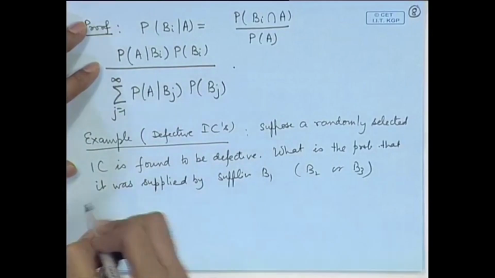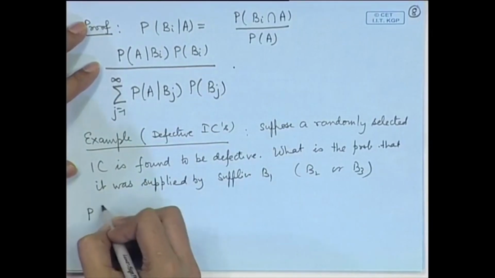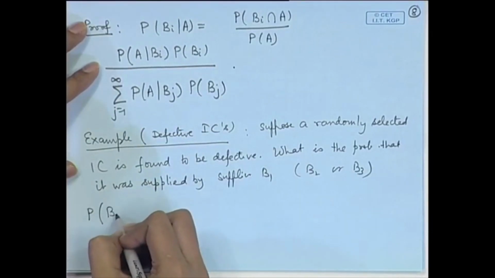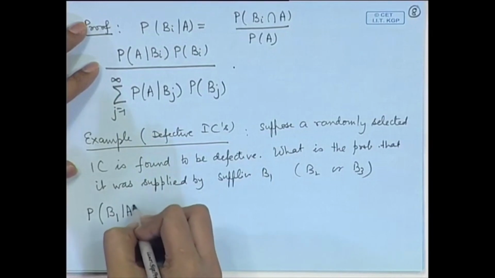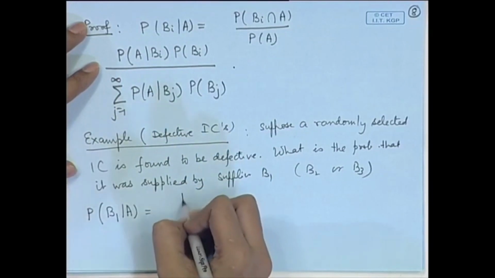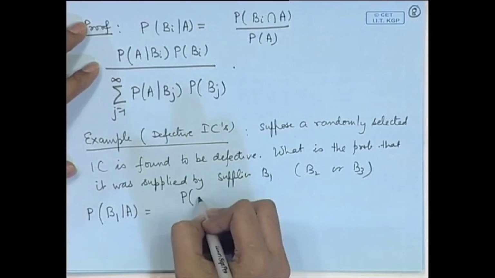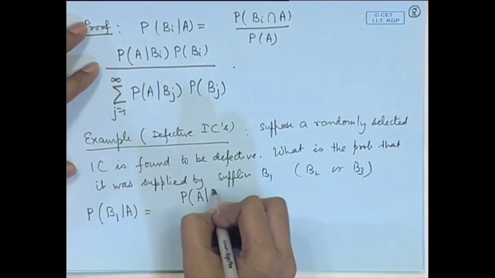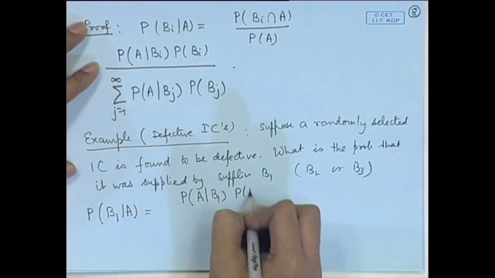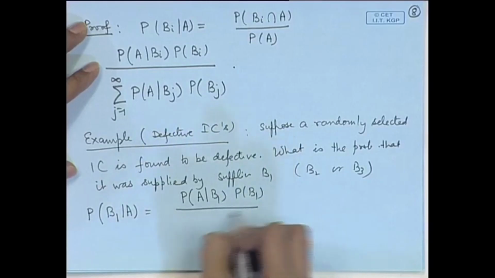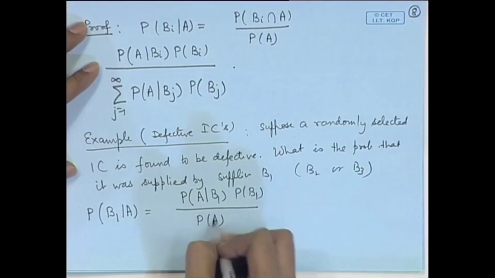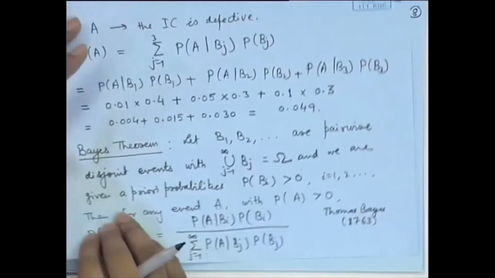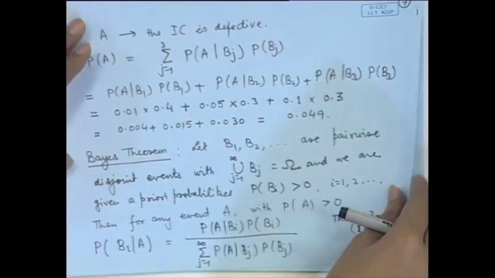Let us look at the first one. In the first one, we are interested in finding out the probability of B 1 given A. So, by the definition of Bayes theorem, it will become probability of A given B 1 into probability of B 1 divided by probability of A. We already evaluated the probability of A as 0.049.